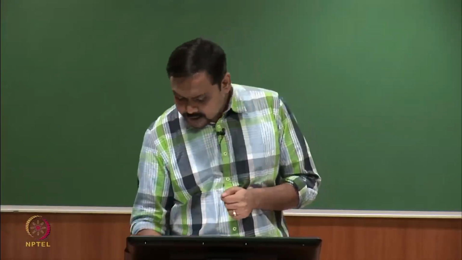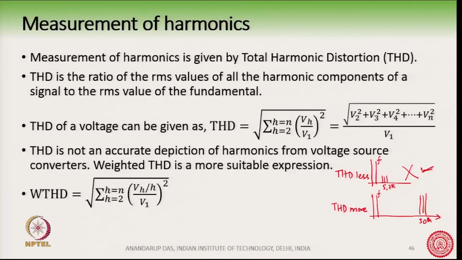For example, the 5th and 7th harmonics cause 6th harmonic torque pulsation in the induction motor. So, this is never a good idea, because although the amplitude of the 5th and 7th is small, they are very close to the fundamental, and this closeness must be avoided.